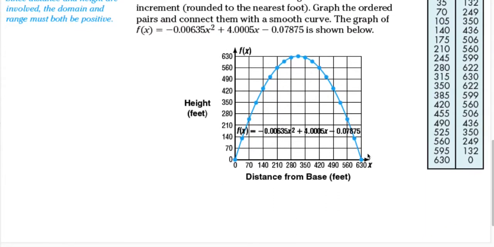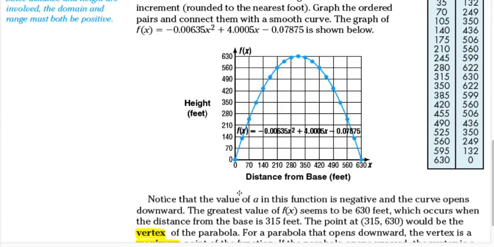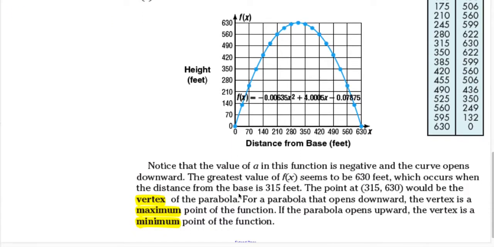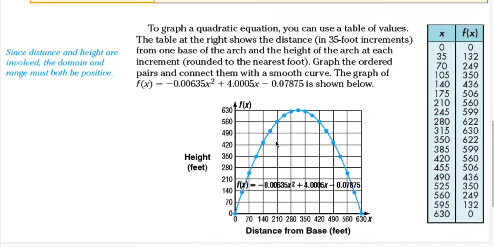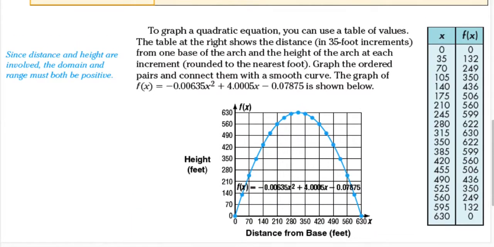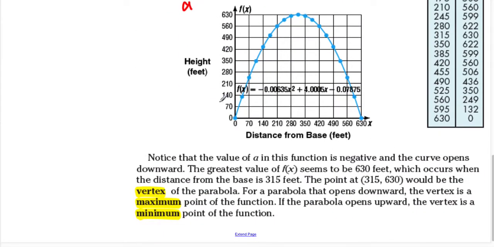And you'll notice that the value of a in this function is negative and the curve opens downward. The value of a is the coefficient of x squared, and it's negative. So if the value of a is negative, the curve opens downward.